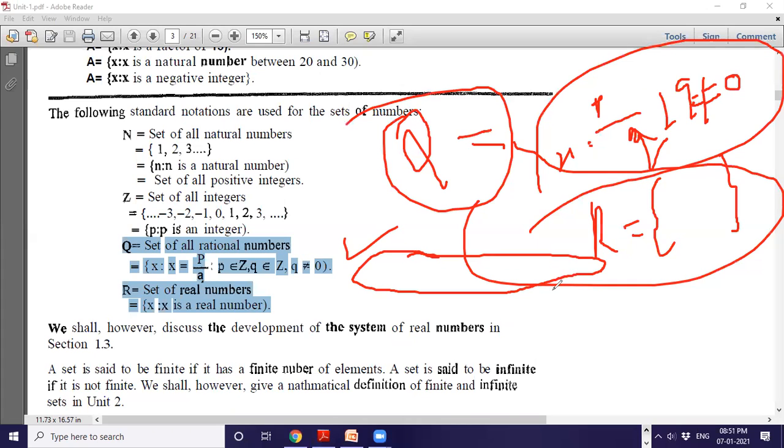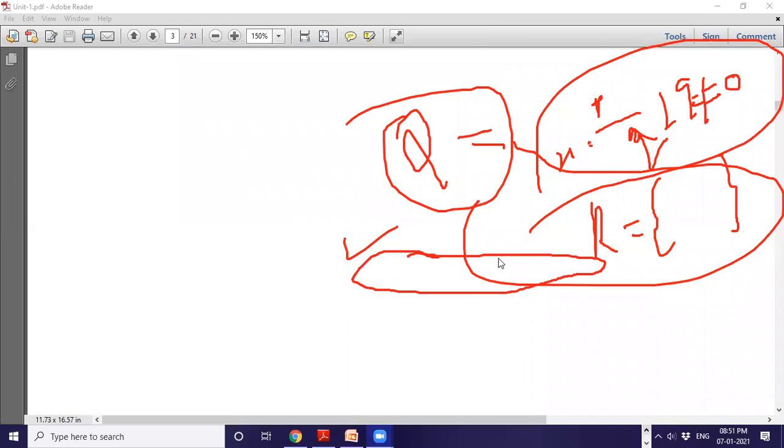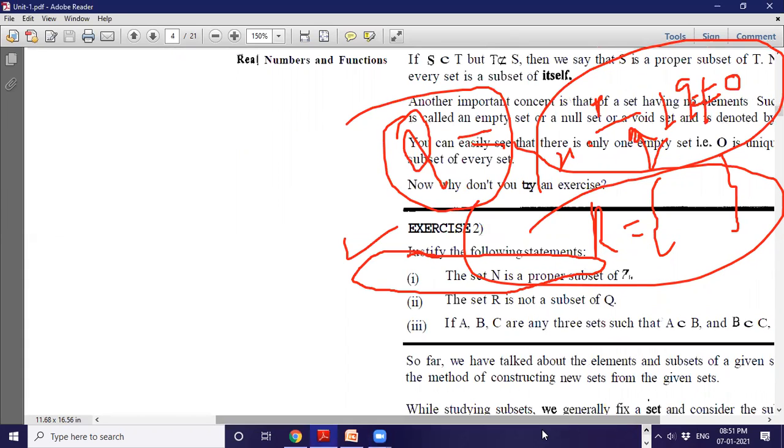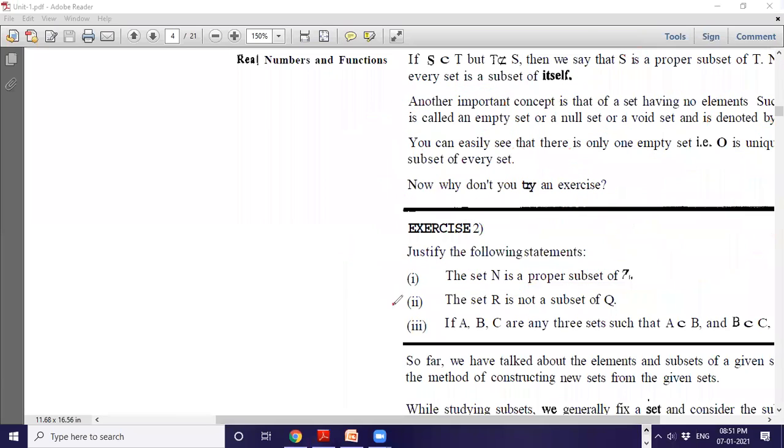Now, question is saying that, what question is saying? Let's see the question. Set R is not a subset of Q. Now, I want the explanation of this from your side. R जो है Q का सबसेट नहीं है.